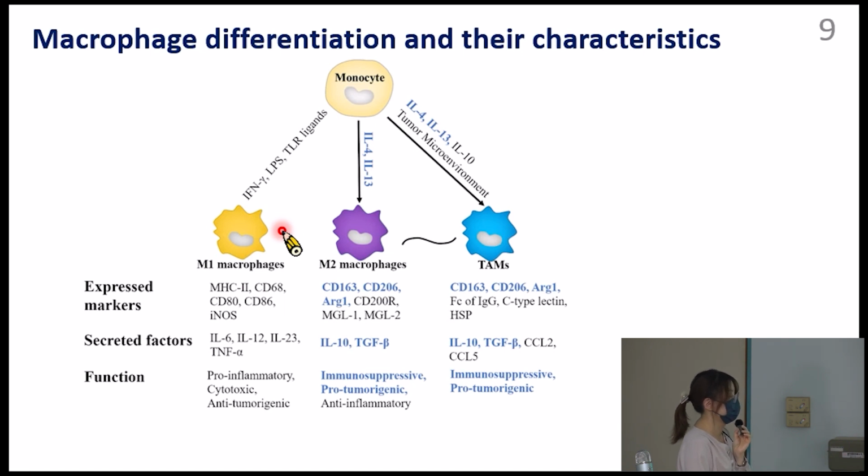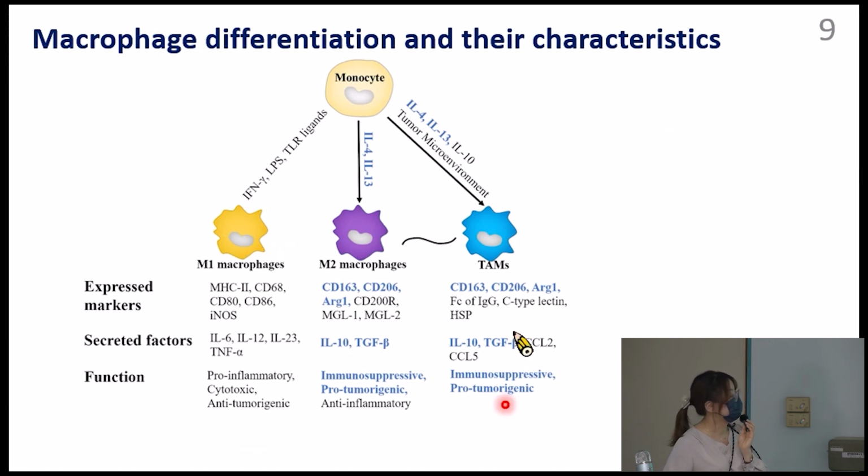But the function of this kind of macrophage is not to kill the pathogen or any target cell. Their function is immunosuppression or clearance of damaged tissue. So maybe you can imagine what kind of macrophage we find in the tumor microenvironment.